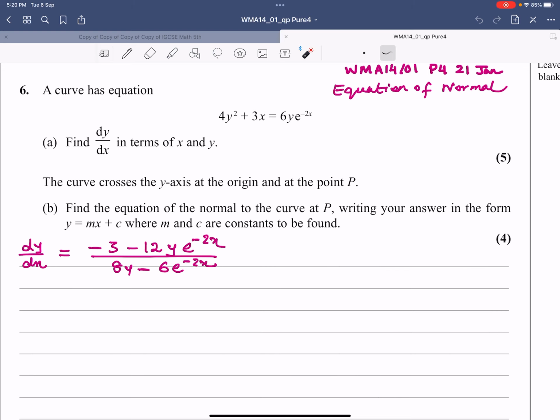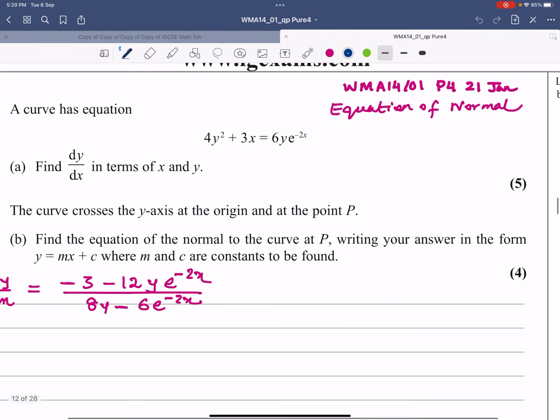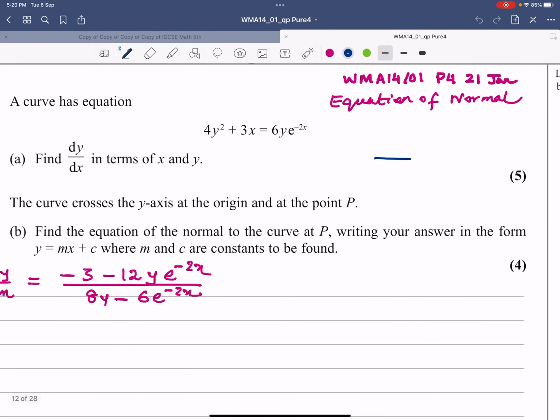So in part B, the question says that the curve crosses the y-axis at the origin and at point P. So we have a curve which is crossing the y-axis at two given points. So let's imagine the curve. This is our x and y axis.